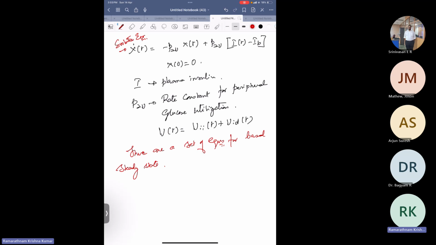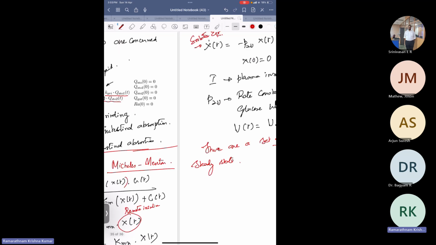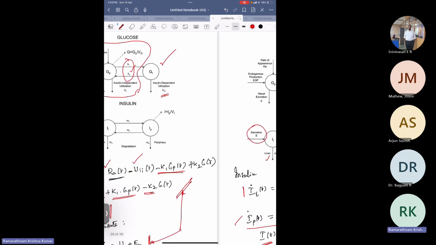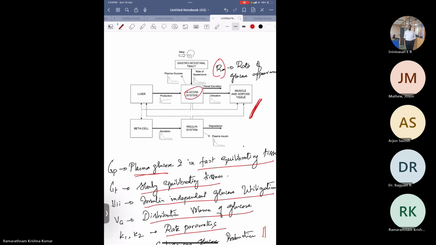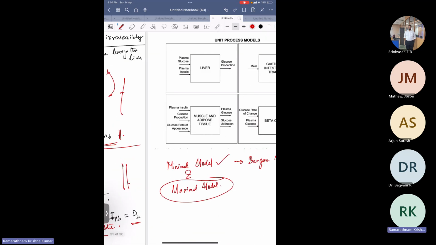One is there is a decrease. Why? Because insulin is acting on peripheral glucose utilization. Remember, we had that peripheral thing right there. First one. So we put it. From here, it is this peripheral. That's where it happens. So there is a peripheral utilization.